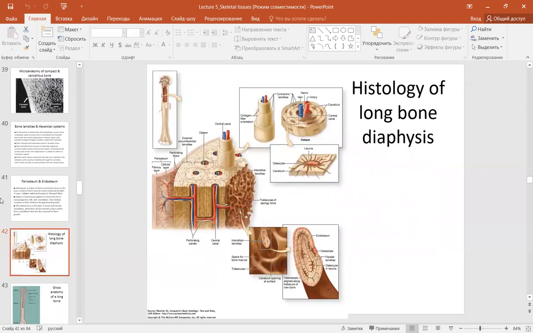Here you have the histological view of the long bone structure. Epiphysis, metaphysis, diaphysis.